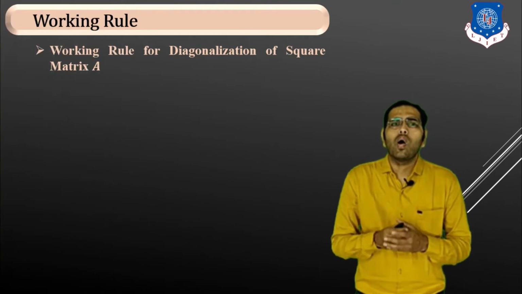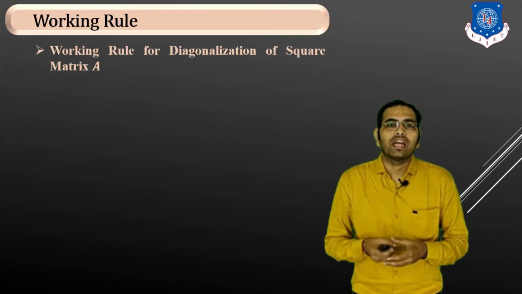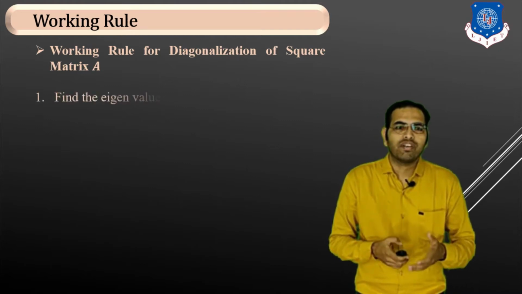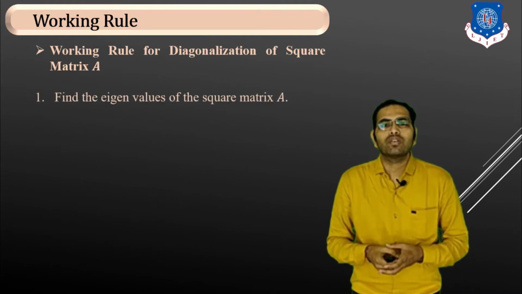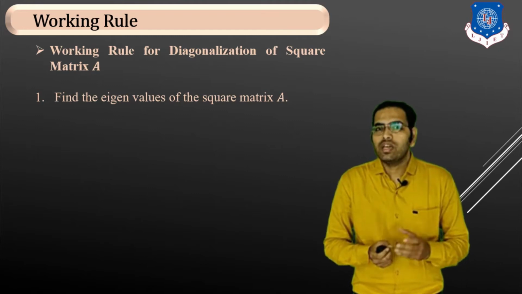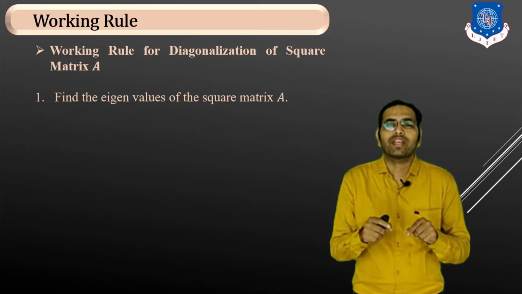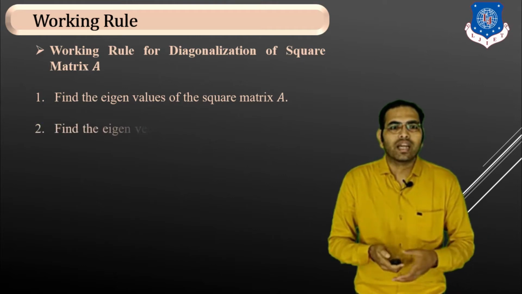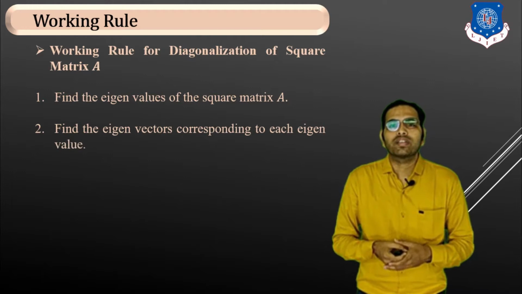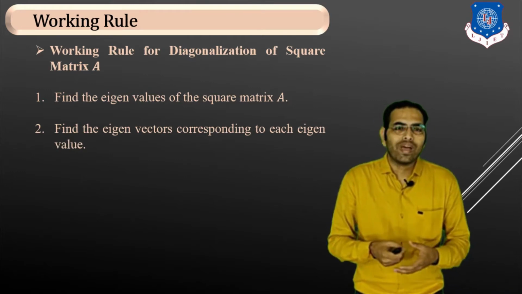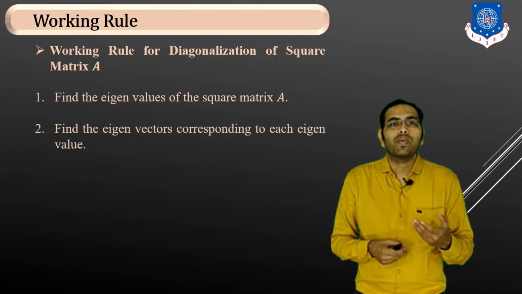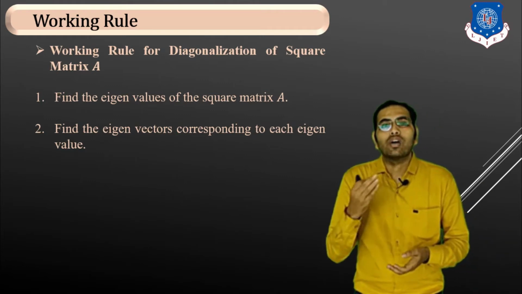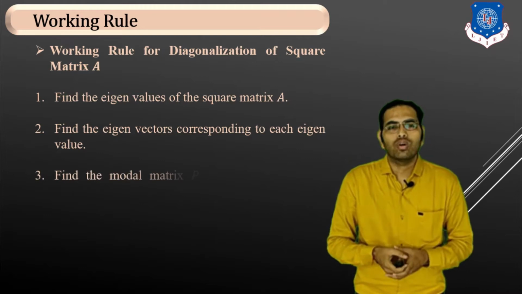Let's see the working rule for the diagonalization of the square matrix capital A. First one is finding the eigenvalues of the square matrix A. Here our question is in the form of a square matrix, 2 cross 2, 3 cross 3, 4 cross 4, etc. Second one is finding the eigenvectors corresponding to the eigenvalues, with the help of Cramer's rule or row echelon form, as you like.